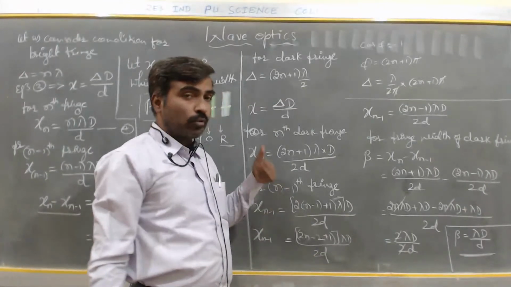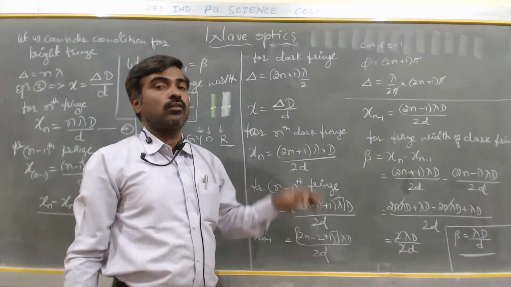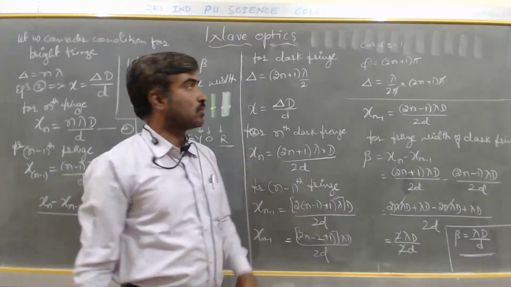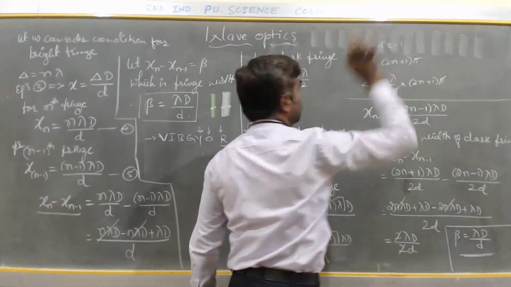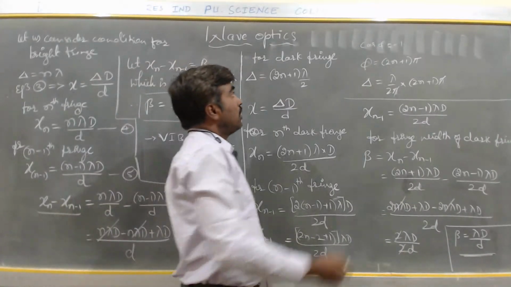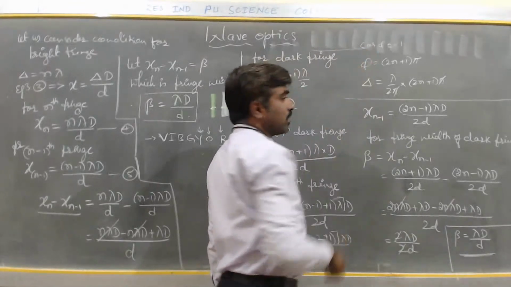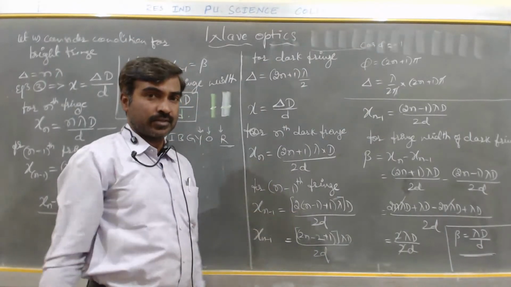And of course, one more condition I told: all the bright fringes will have the same intensity also. Dark fringes anyhow are dark because their intensity is zero, but bright fringes have maximum intensity.